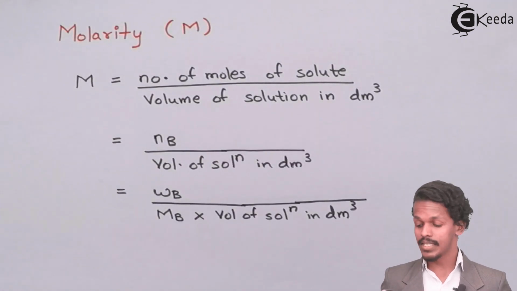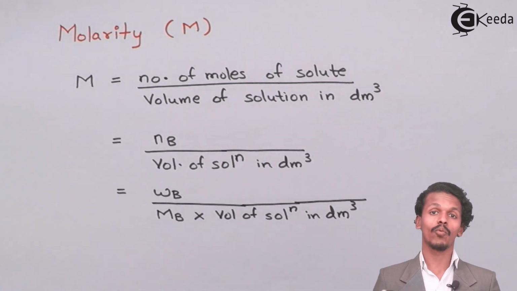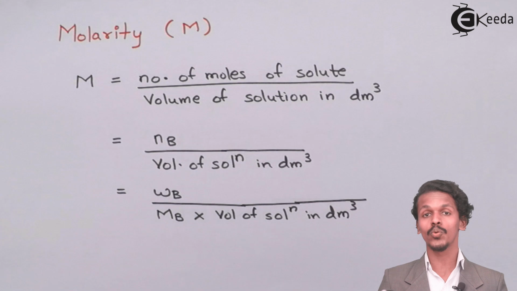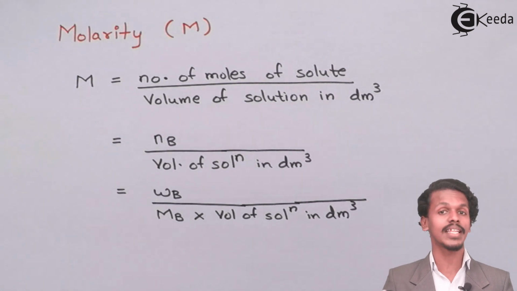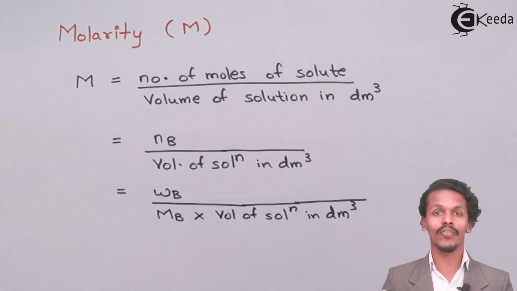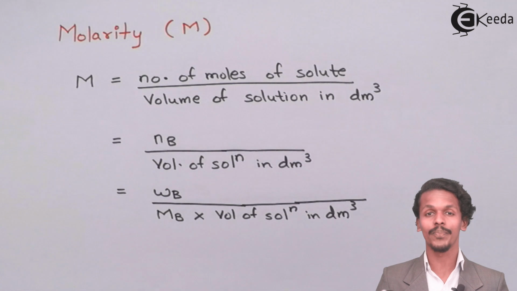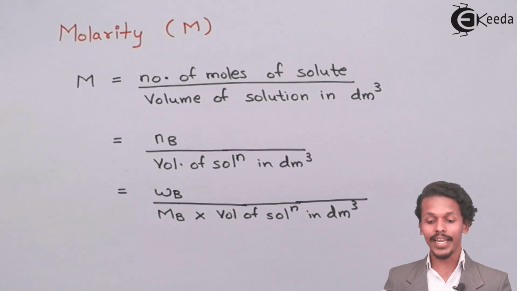molarity. This is the main thing that we are going to learn now. As we saw what the number of moles is, now we switch to molarity. This is the main unit that we have seen in every chemistry lab: 1 molar HCl, 2 molar HCl. So what is molarity?